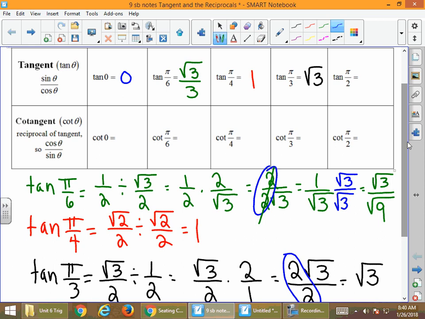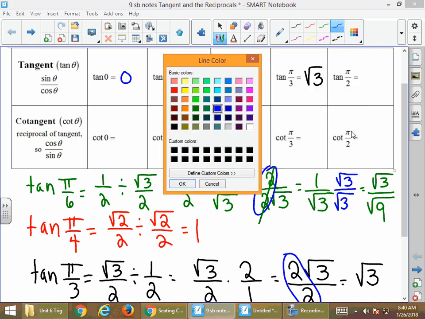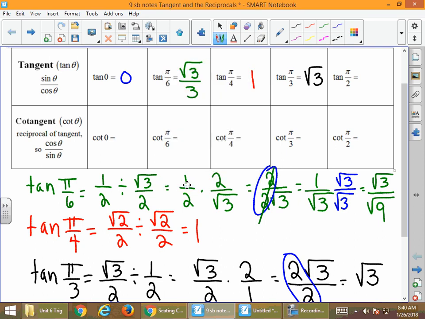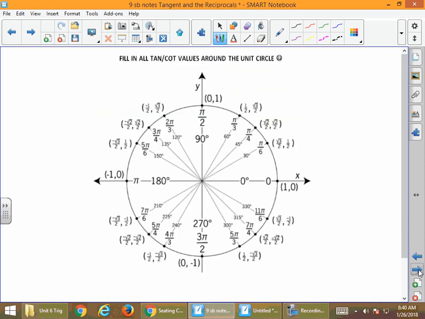We have one more, the quadrantal. So let's look at our unit circle because we can. And once again, at pi over 2, we're going to take the y value divided by the x value.